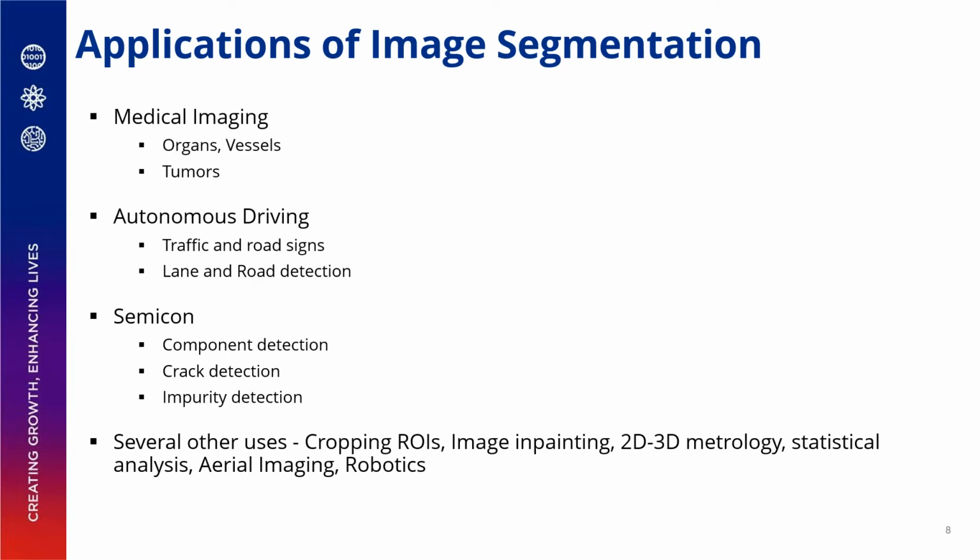This can be done with image segmentation and post-processing using computer vision to measure in pixels how big a certain component is or what its shape is. You can also use it for things like impurity detection. What if there's some dust present on top of the chip? We have used segmentation for that in our prior projects as well.